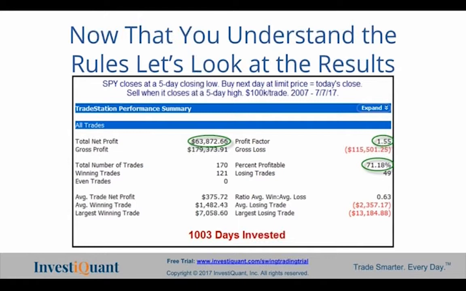If another system had the same $10,000 in net profits, but it came with 100,000 in gross profits and 90,000 in gross losses, that's generally viewed as a less desirable system. You've got to fight through a lot of losses to realize that $10,000. So that would be 100,000 divided by 90,000, which gives you a profit factor of 1.11.